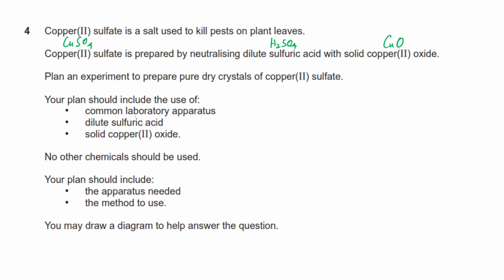Your plan should include the use of common laboratory apparatus, such as test tube, burette, funnel, flask, or measuring apparatus. Use dilute sulfuric acid and solid copper oxide. No other chemicals to be used. Your plan should include the apparatus needed and the method of use. You may use a diagram to help your answer.